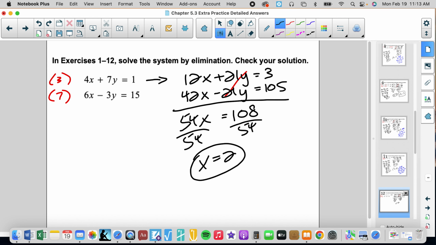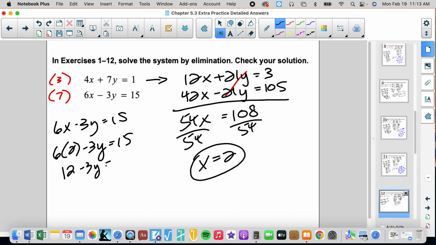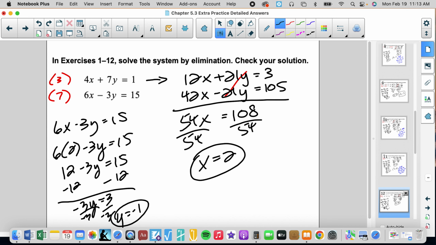That's going to be 2. 6x minus 3y equals 15. Doesn't matter. Yes, Mr. Mack, you keep choosing the bottom one. Well, it's just right there. It's more of a convenience than a reason. Minus 12, -3y equals 3, divided by -3, y equals -1. I have my solution: 2, -1.